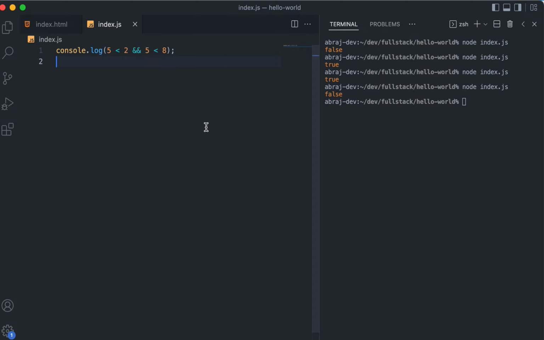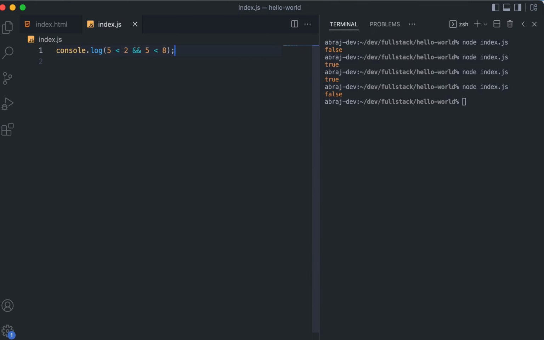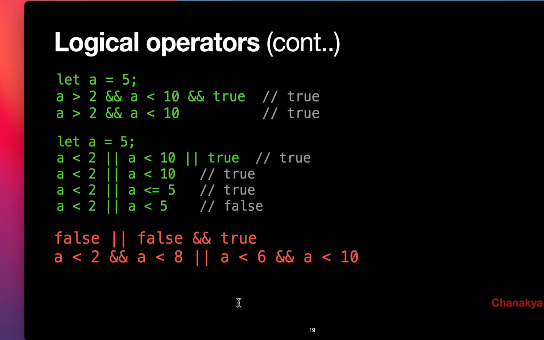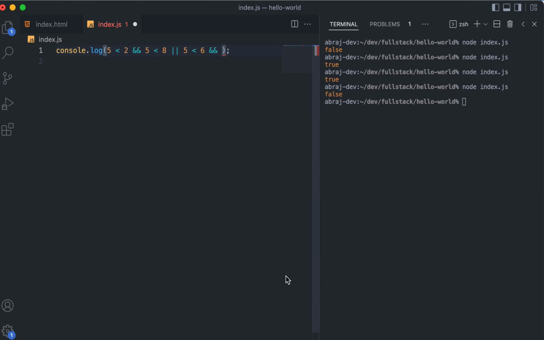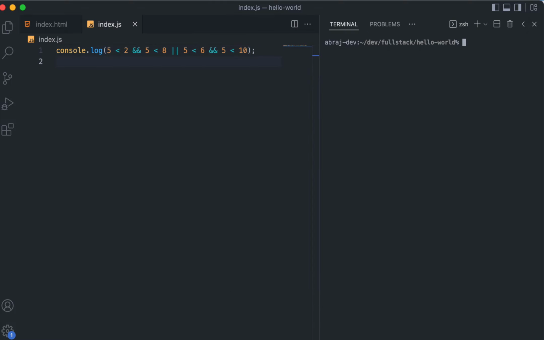Then I will do or, after or I have 5 less than 6 and 5 less than 10. Okay, so first of all, let's see what is this value. This thing is true.